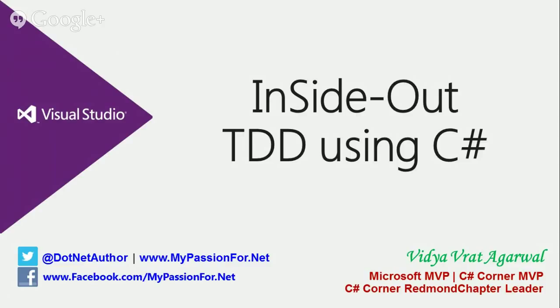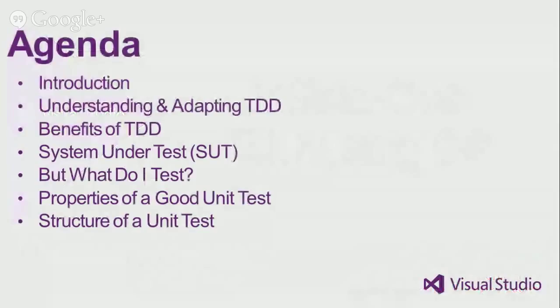So let's begin with this topic, which is Inside-Out TDD using C Sharp. Let's set up the agenda first, what all we are going to cover today. First I will give you a little bit of introduction about myself. Then we will be understanding and adapting concepts for test-driven development.